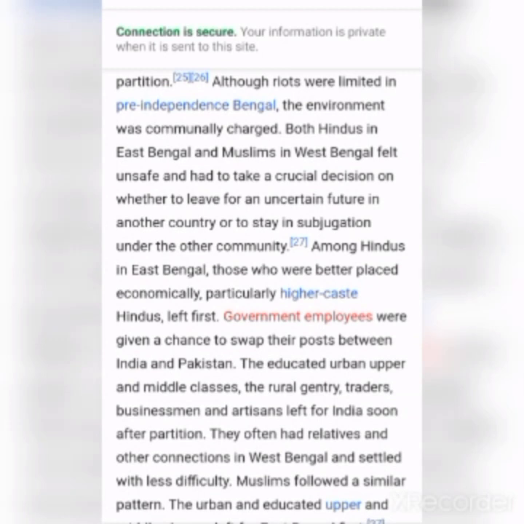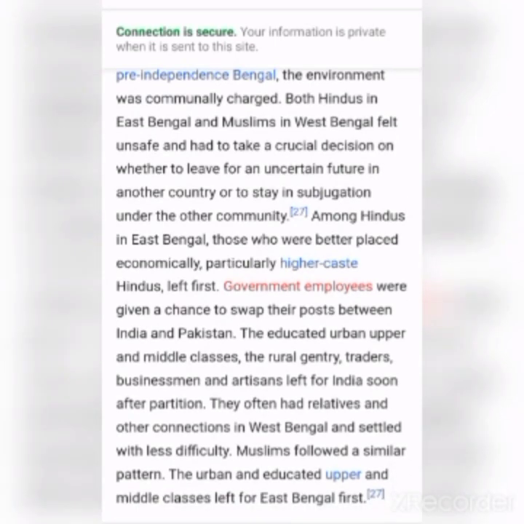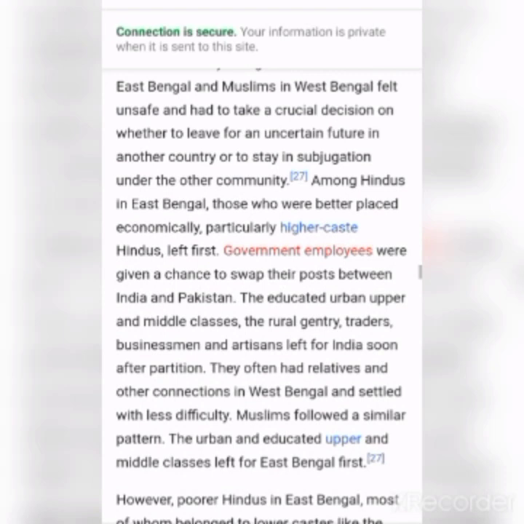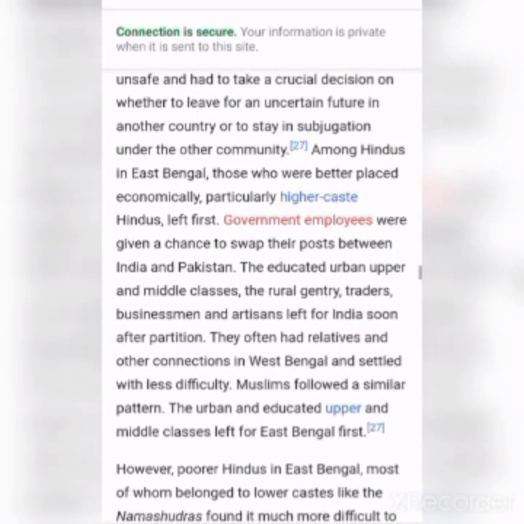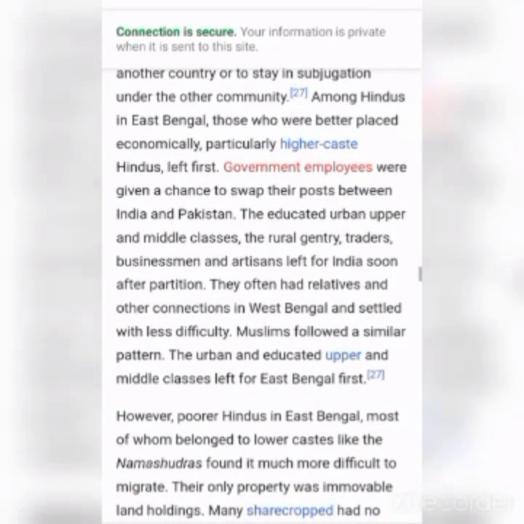Among Hindus in East Bengal, those who were better placed economically, particularly higher caste Hindus, left first. Government employees were given a chance to swap their posts between India and Pakistan. The educated urban upper and middle classes, the rural gentry, traders, businessmen and artisans left for India soon after partition.